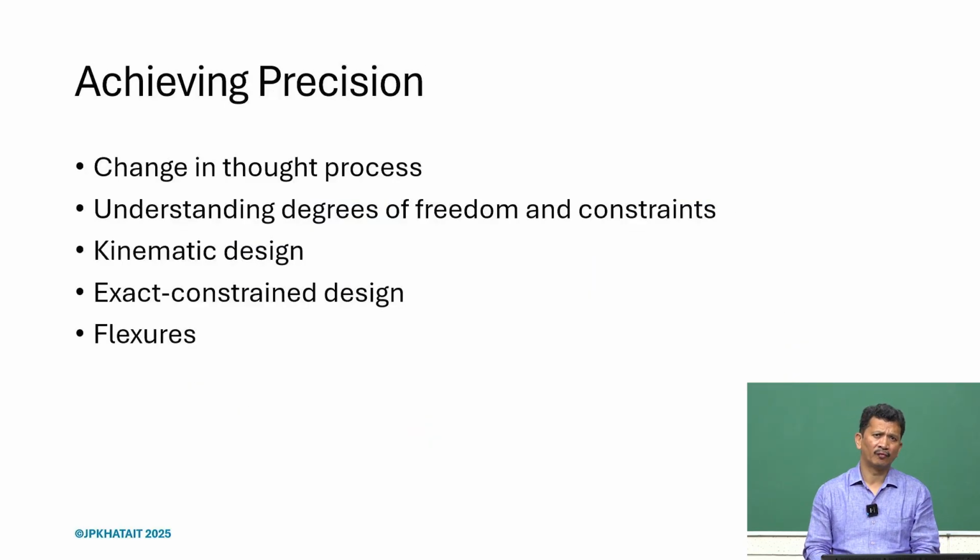What we have to understand is that in order to achieve precision, we have to change our thinking. The thought process has to change. There is a paradigm shift. We have to look at the architecture, how the components are assembled together, how the tolerances and the errors arising from manufacturing constraints and limitations propagate, because we cannot go beyond certain numbers.